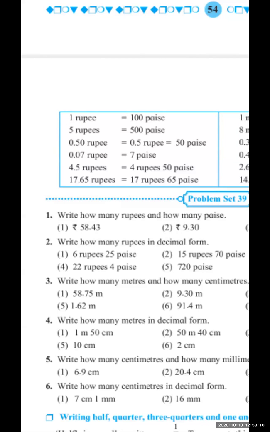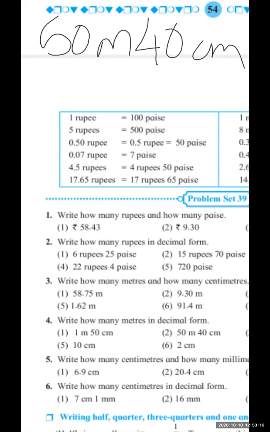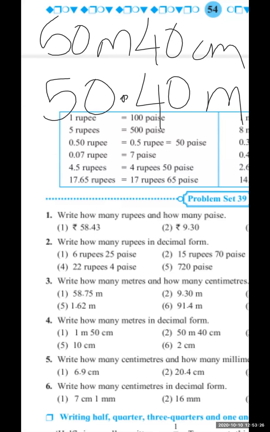Then next, 50 meter, 40 centimeter. What answer will come? Tell me. 50.40 meter. Very good. Very good student. समझ में आ रहा है आपको?